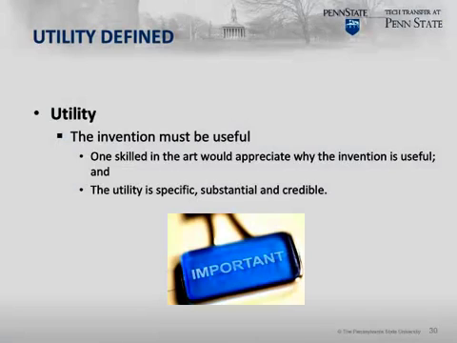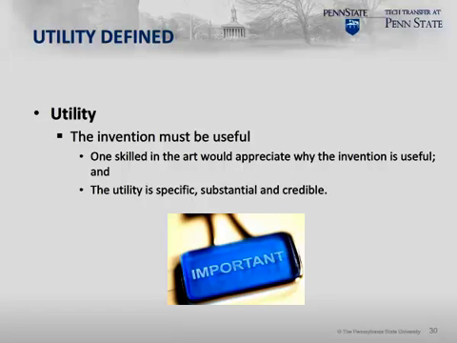The next legal hurdle to overcome with respect to whether an invention is patentable is the utility standard. It must be useful, and this is judged by the person who is skilled in the art, for example, your peers. So we'll take an example that you have invented a matrix that can transport a therapeutic agent across the blood-brain barrier. Then a person who is in the same field as you can appreciate why that matrix is useful.